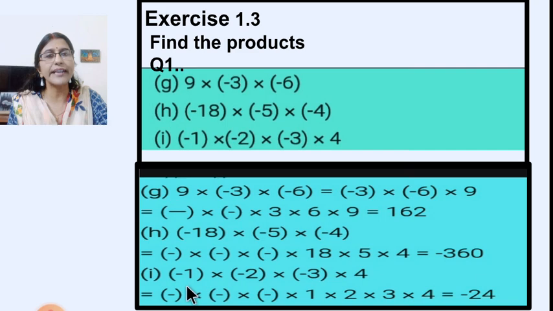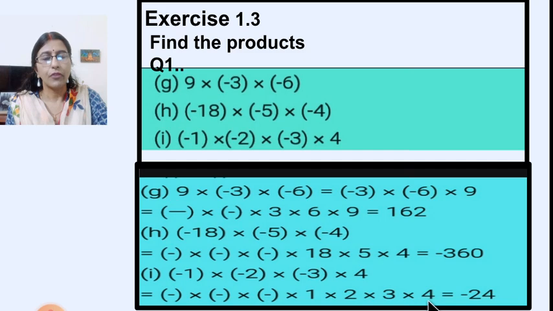Same way, now we'll go to the next question. Here minus 1 into minus 2 into minus 3 into 4. So first we will write the sign. You can see here the first 3 integers are negative. So we'll write 3 times the minus sign, minus into minus into minus. And then we'll write the numbers. 1 into 2 into 3 into 4.